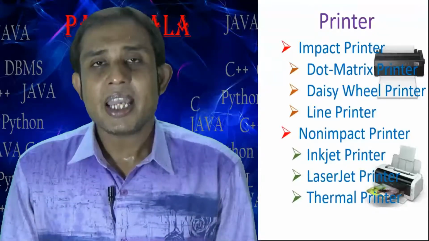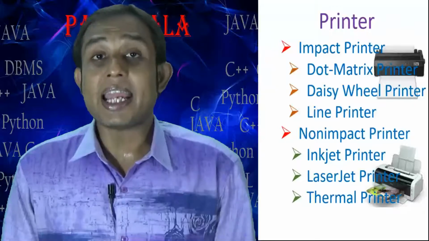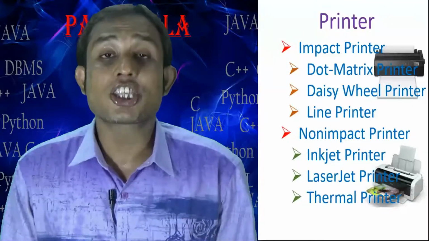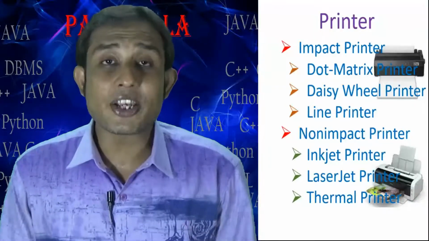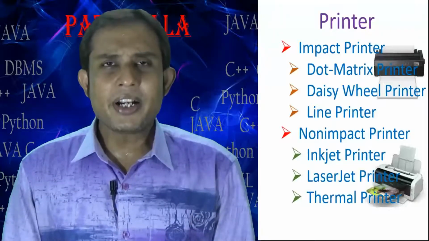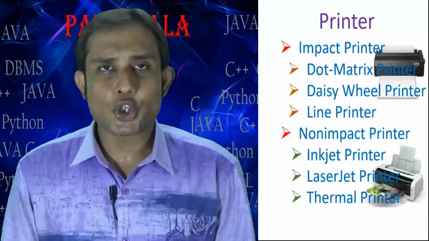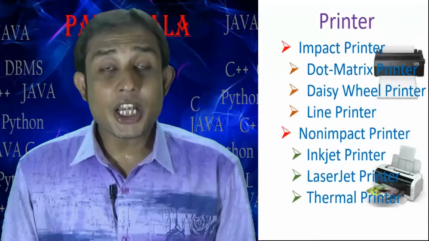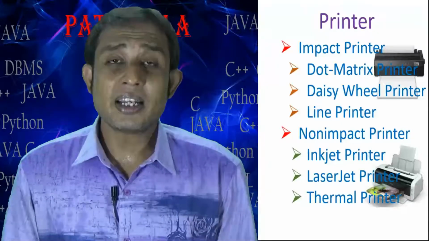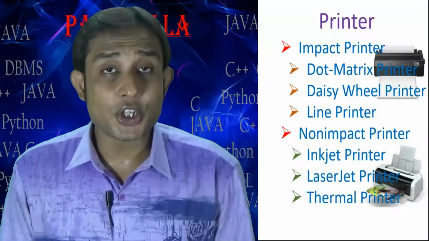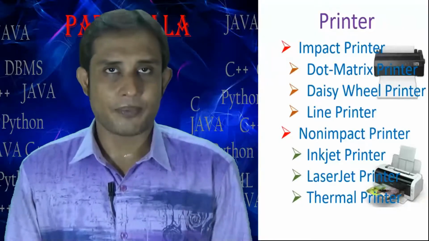Line printer. In the case of the line printer, the entire line of text is printed before the execution of the next line. Line printer is mostly associated with unit record equipment, and even in today's digitalization, this technology is still in use.